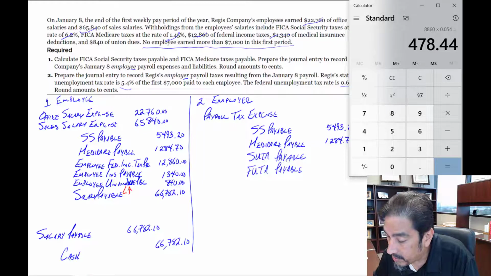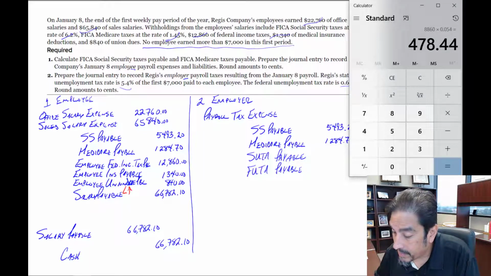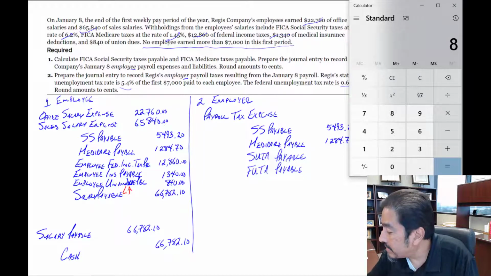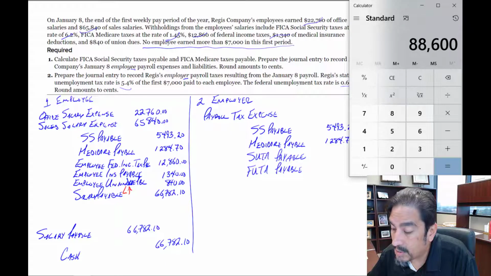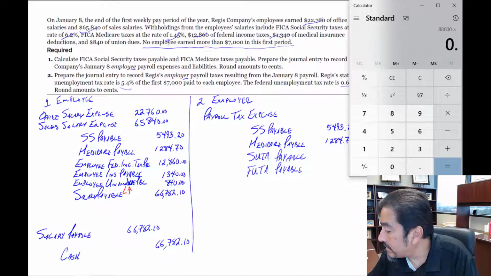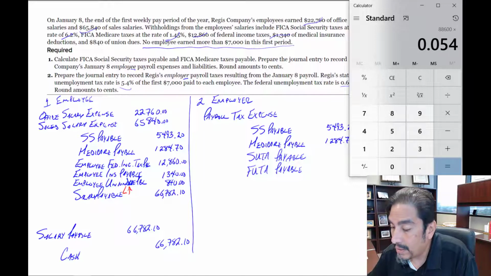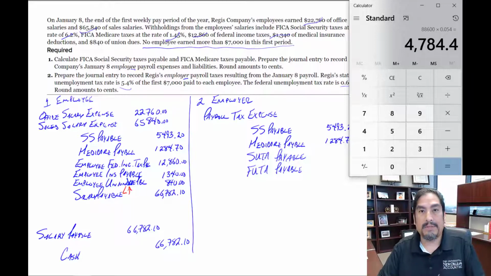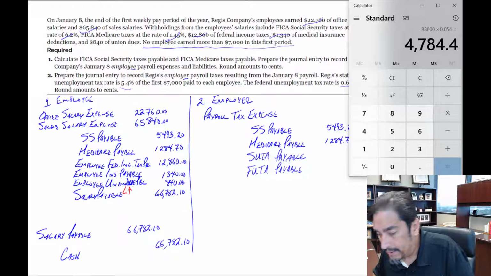$478.44. I must have done something wrong there. Let me try again. Oh, that's what I did wrong. 88,600, that's our salary, times 0.054 is 5.4%. There we go. Looking for that slightly bigger number. 4784.40.